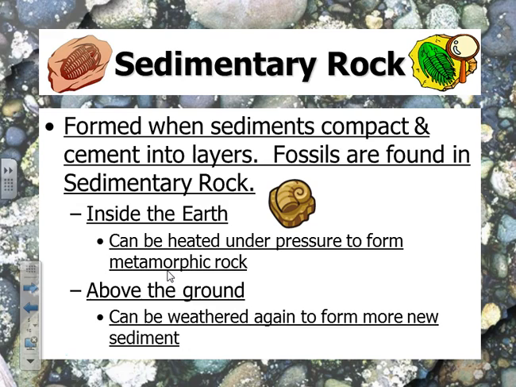Or, most commonly what happens to sedimentary rocks is they're located above the ground and they're weathered again and again to form new sediment. Now, sediment is those little bitty tiny pieces of broken off rock. And sediment can be cemented and compacted into forming a sedimentary rock, which you'll see an example of in our next slide.